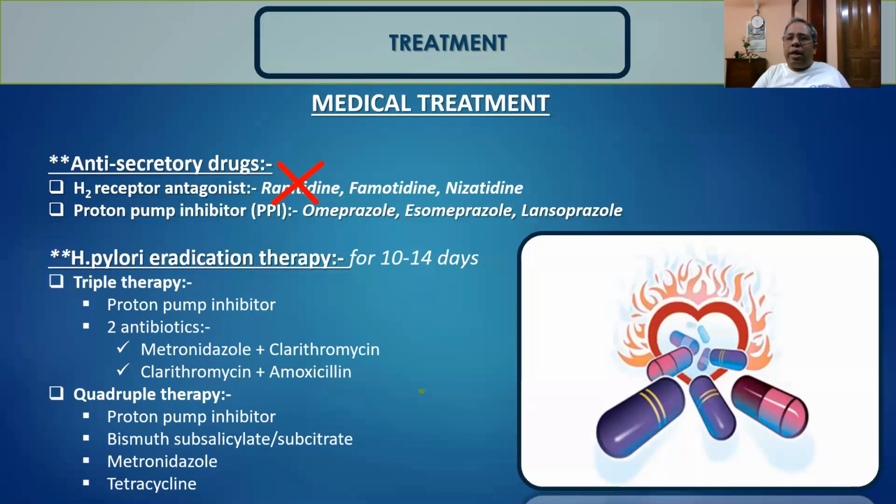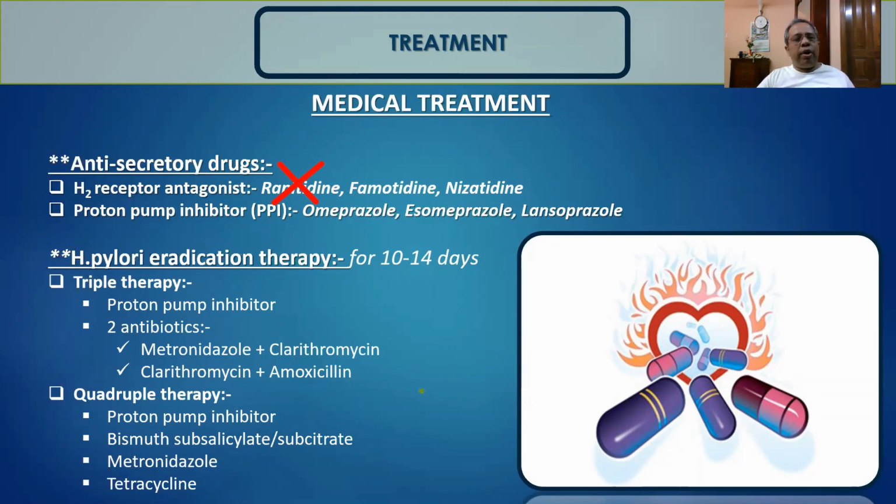So you treat the patient to decrease acid secretion, and simultaneously, if the cause of the ulcer is Helicobacter pylori, you need to treat the Helicobacter pylori. Otherwise, if you don't kill the pylori, there is no scope to heal the ulcer. For that reason, H. pylori eradication therapy is needed for 10 to 14 days, with triple therapy or quadruple therapy.